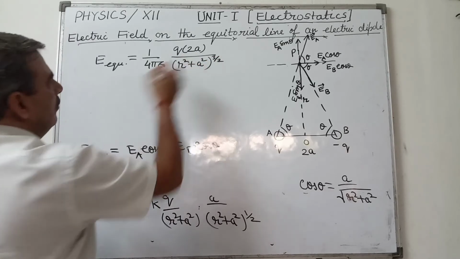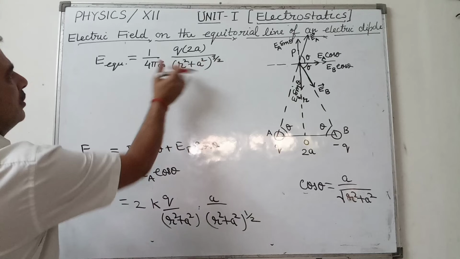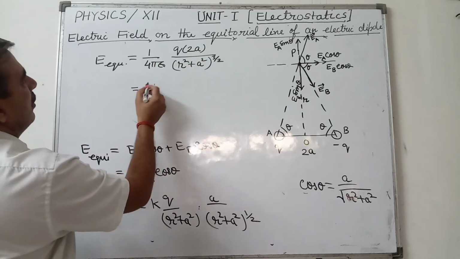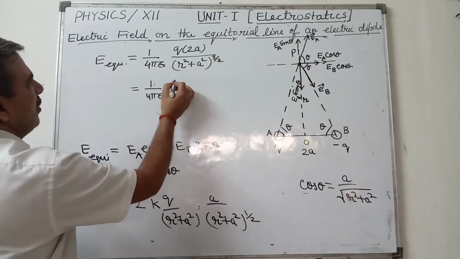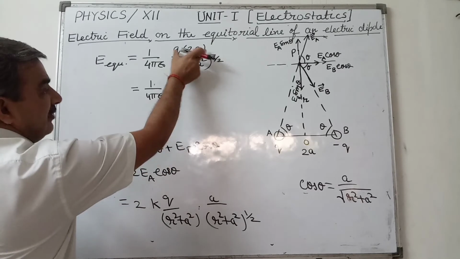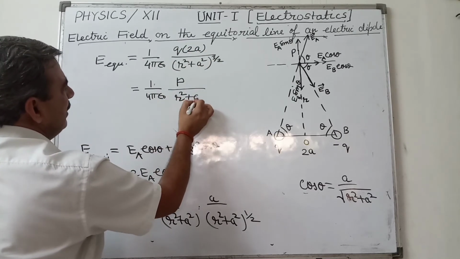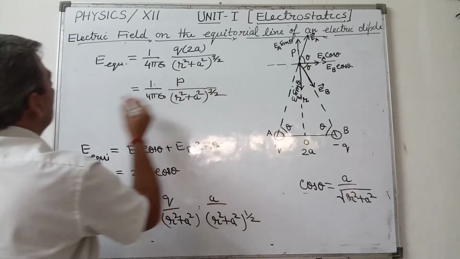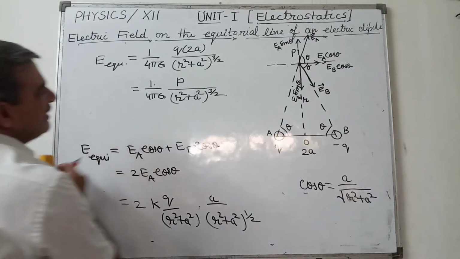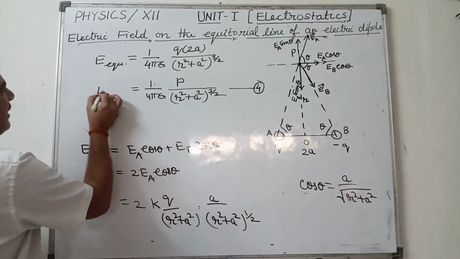Or further you can write this as 1 over 4 pi epsilon naught, this is P, electric dipole moment, Q into 2A over R square plus A square whole power 3 by 2. And say this is equation number 4. This is E equatorial.